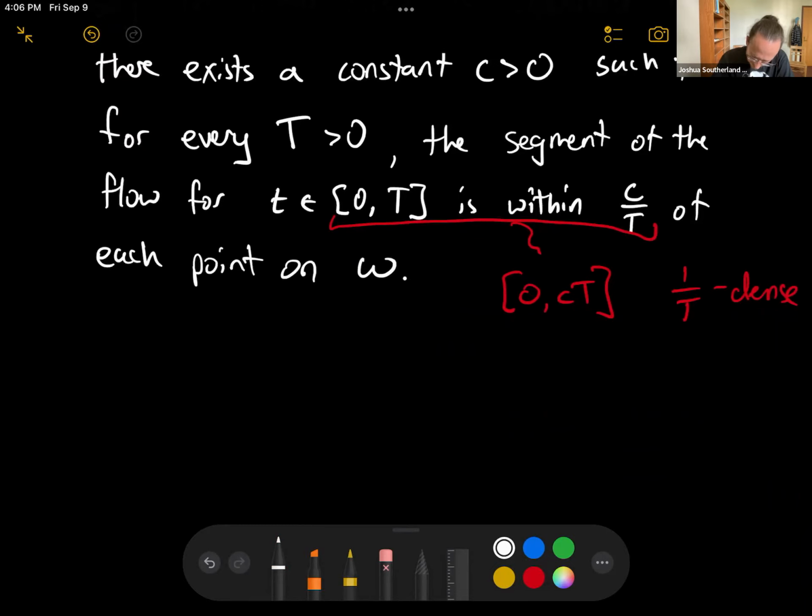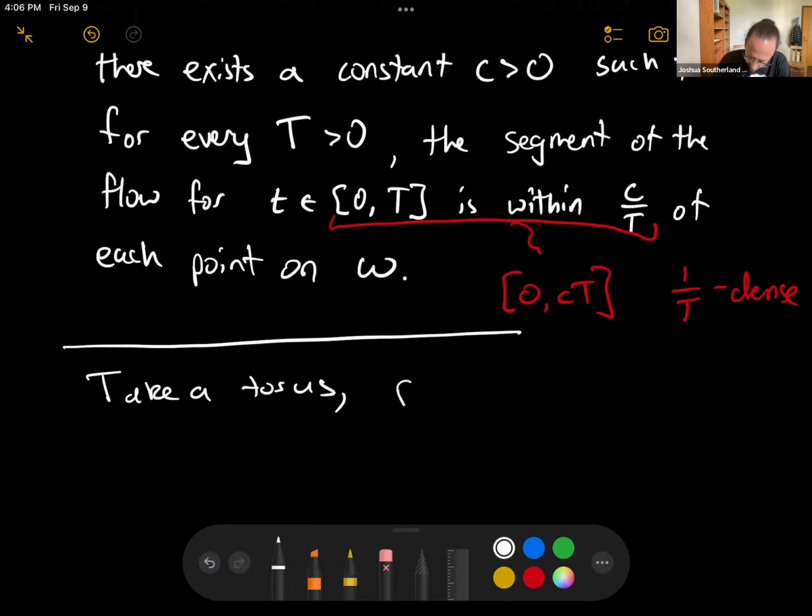Okay. Let me start by giving an example of something that's not super dense. So this is just some quantitative density condition on the linear flow on the surface. So let's take a torus and then pick a rational slope on the torus.